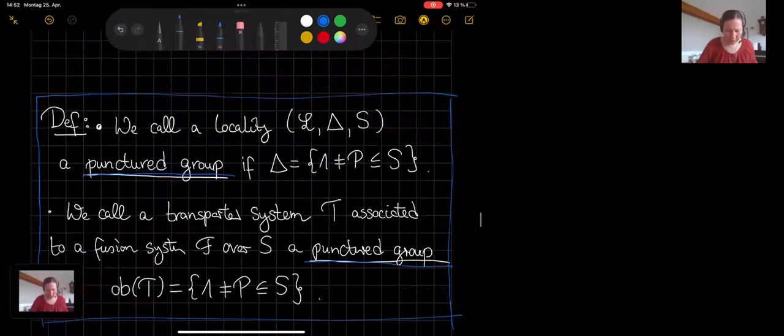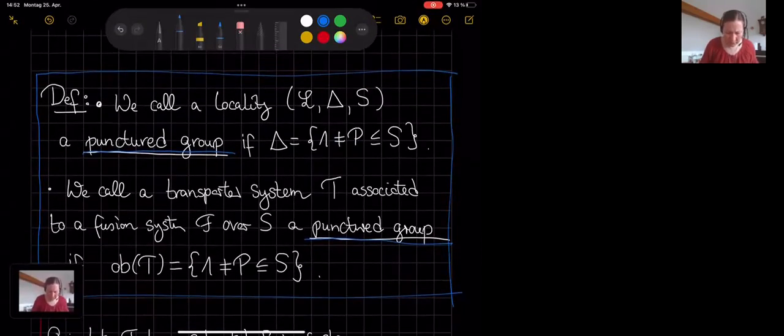And we do this both for localities and for transporter systems. So we call a locality a punctured group if all non-trivial subgroups of S are objects, so in delta, and we call a transporter system T a punctured group if the object set of T is the set of all non-trivial subgroups.